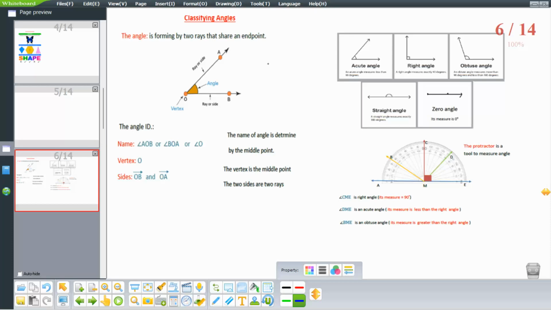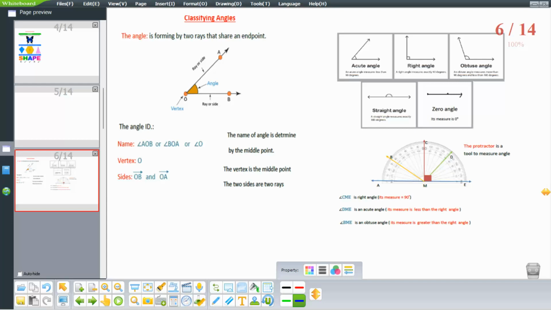Okay. Classifying angles. Let's talk about how we can classify the angle. First, what is the meaning of the word angle? The angle is formed by two rays that share an endpoint, like this. This is ray OB and this is ray OA.